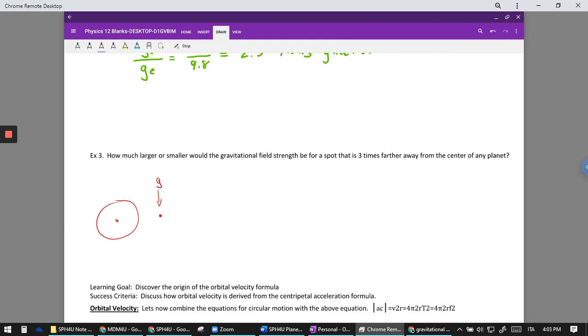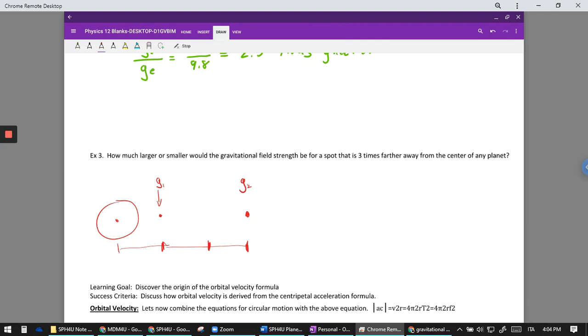Now I go 3 times further away, right? So this is 1, this is 2, and this is 3. So that would be over here, 3 times away. And now I've got this gravitational field strength here as well. I'll call this gravitational field strength 1, and that one 2.